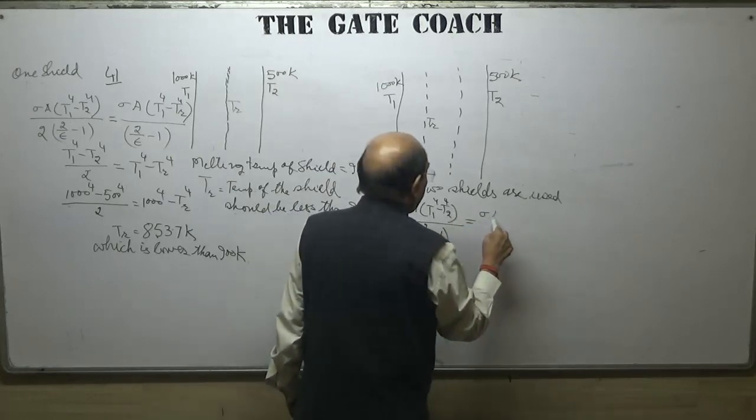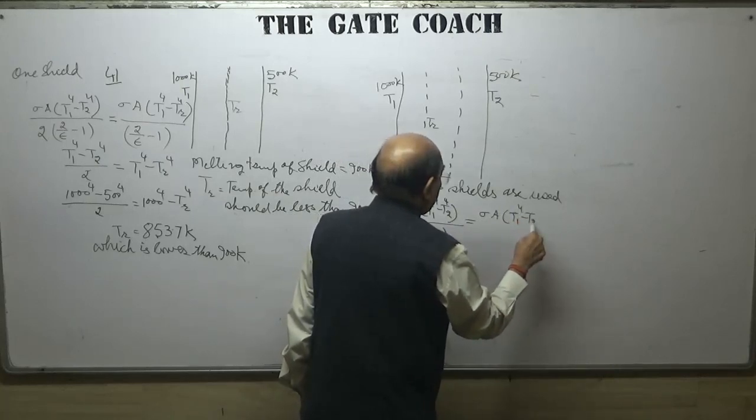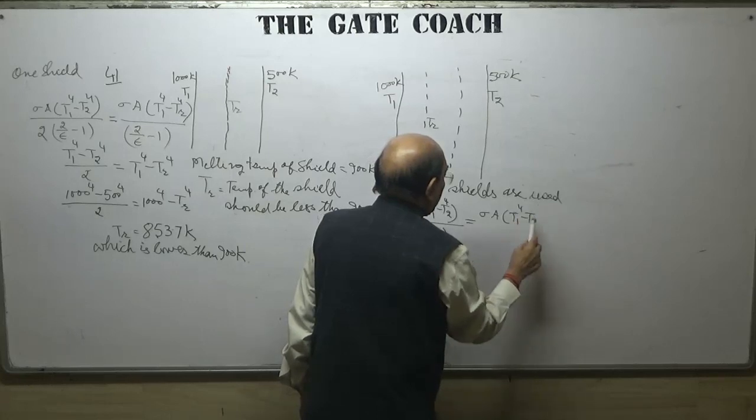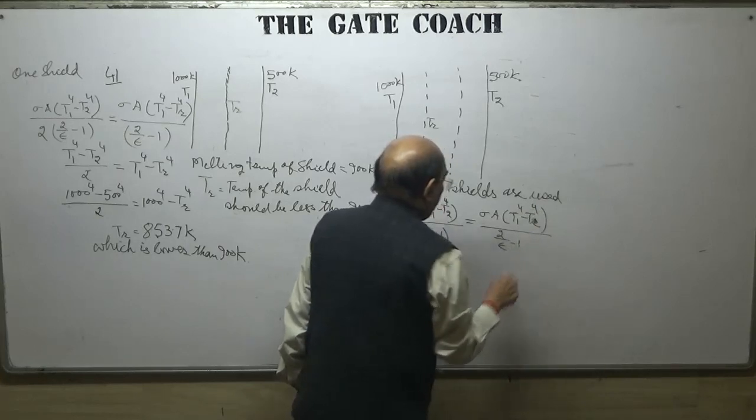This should be sigma A into T1^4 minus Tr^4 upon 2 upon epsilon minus 1.